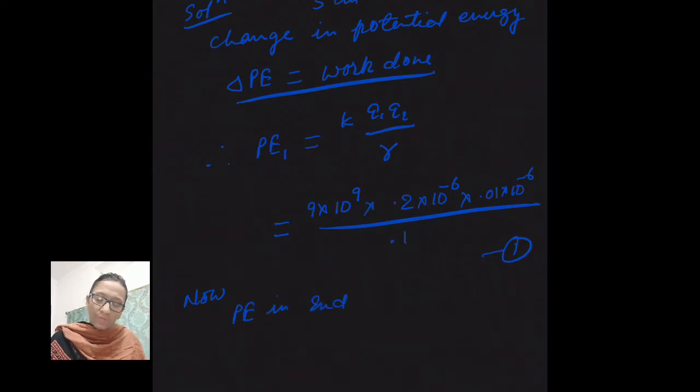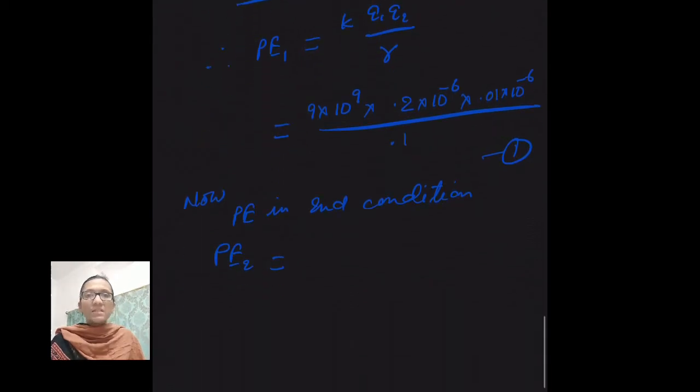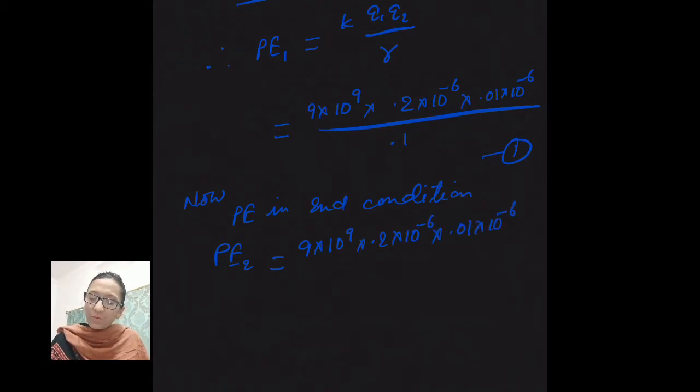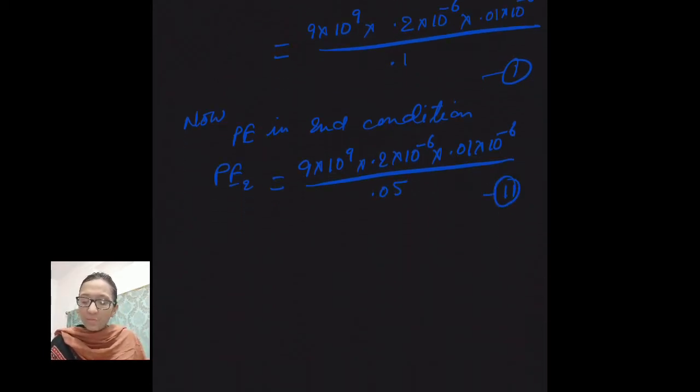Now potential energy in the second condition. PE2 is equal to, every charge is the same in this condition, only the distance has been reduced. So let me write 9 into 10 power 9 into the same charge, 0.2 into 10 power minus 6 into 0.01 into 10 power minus 6 upon, and the distance is changed to 5 centimeter, means 0.05.